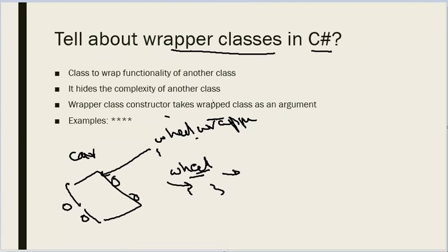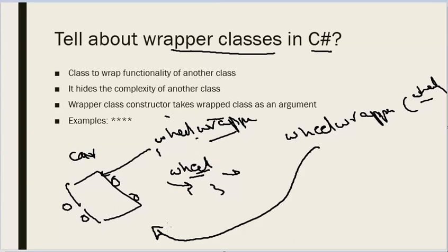So the wheel wrapper constructor will take the wheel class as an argument, use its functions, and expose a simplified result to the outside world. So the car class can then simply use this wheel wrapper. That's how it is.